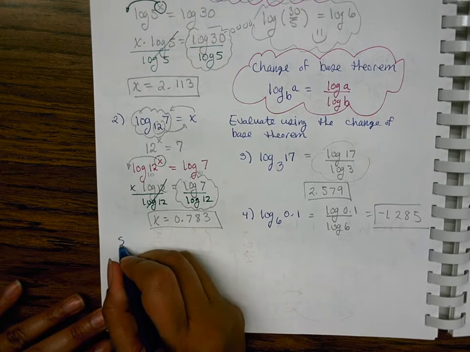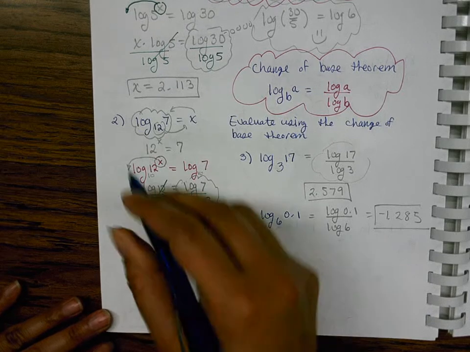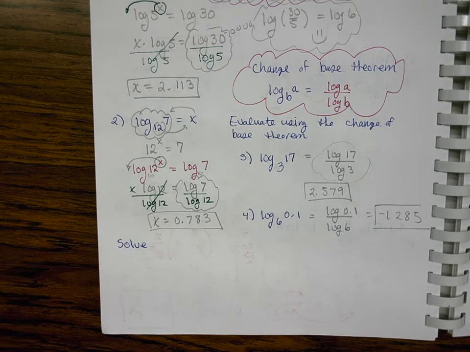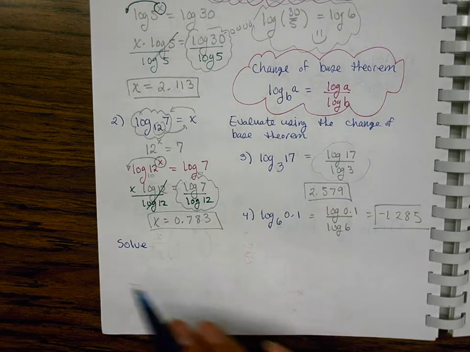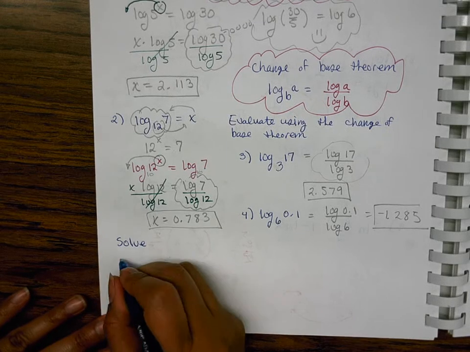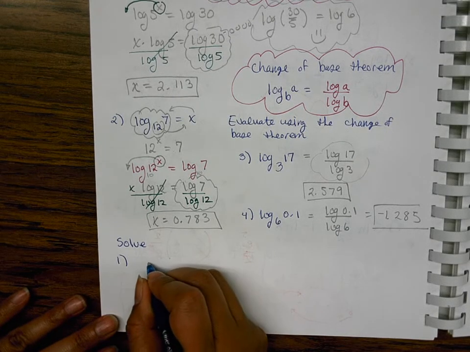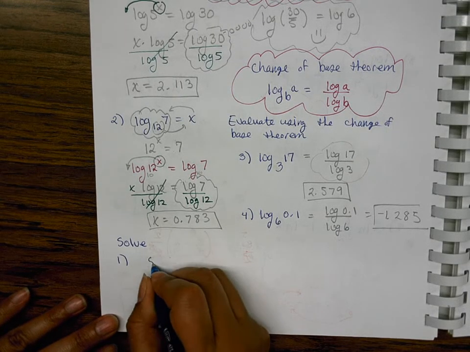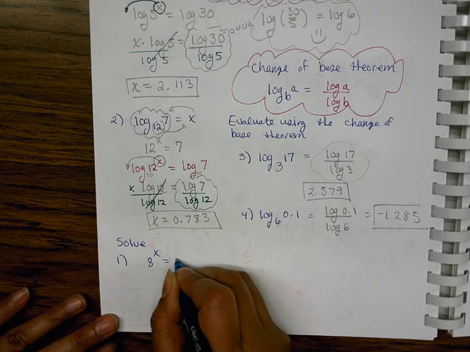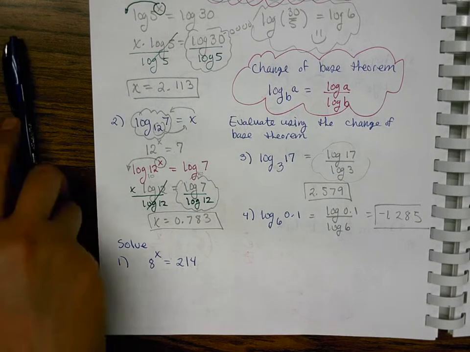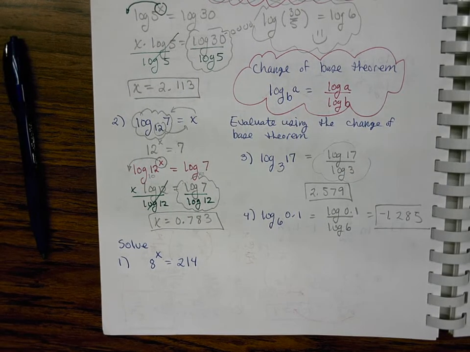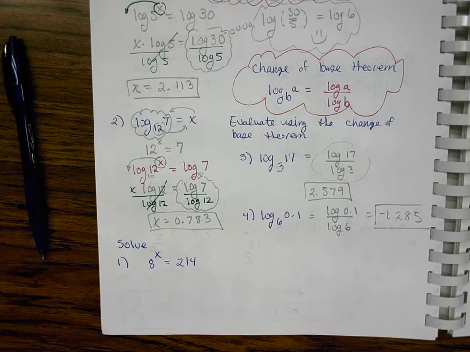I'm going to write here, solve. And it doesn't say solve using or evaluate using change of base, it just says solve. Number 1, 8 to the x equals 214.